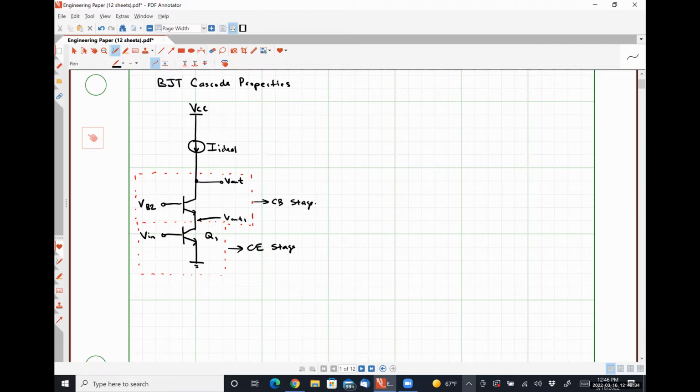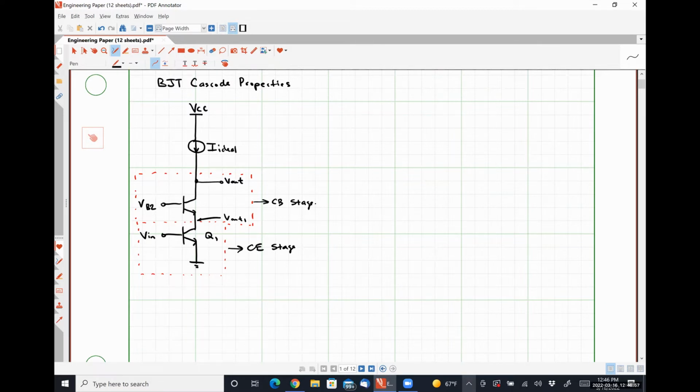Now, we don't have isolation between these two stages, so our voltage gain, unfortunately, isn't simply the voltage gain for our common emitter stage multiplied by the voltage gain for our common base stage, right? There's some interrelationships that we need to pay attention to here because we don't have isolation between the two stages, and that's what we're going to talk about today.